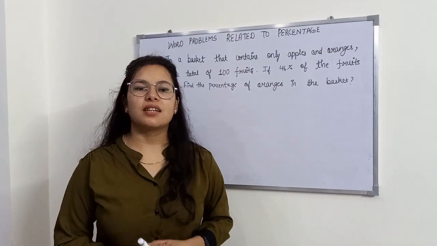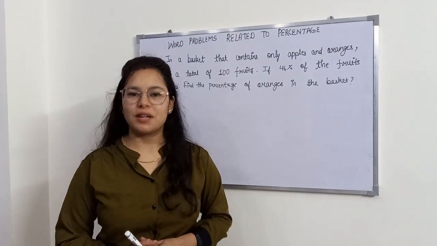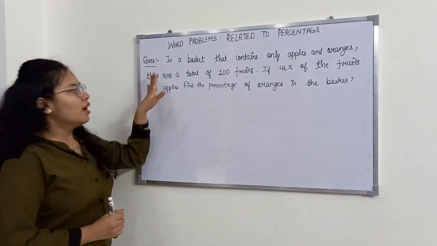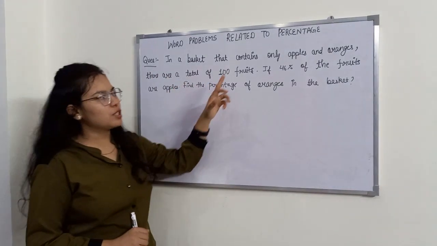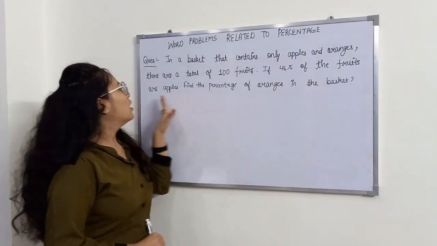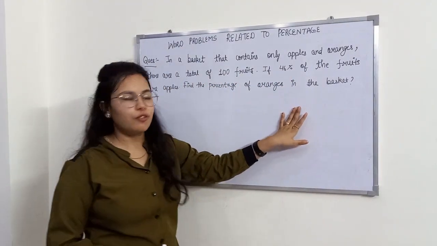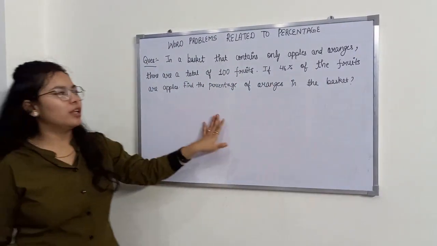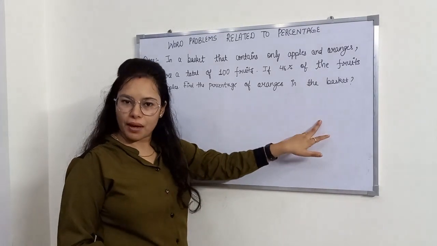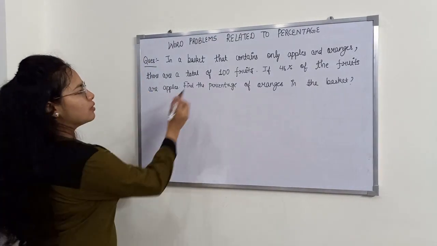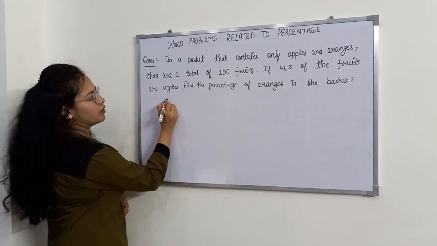Now let's discuss some word problems related to percentage. In a basket that contains only apples and oranges, there are a total of 100 fruits. If 46% of the fruits are apples, find the percentage of oranges in the basket. So as they have given, the total fruits are 100.